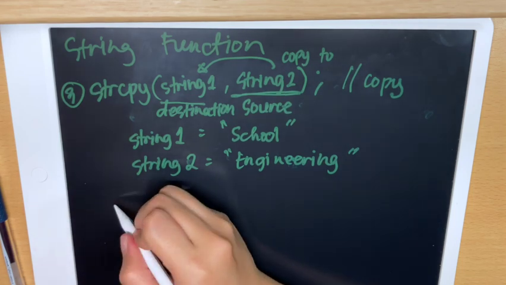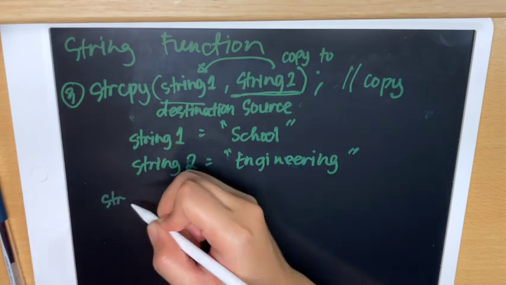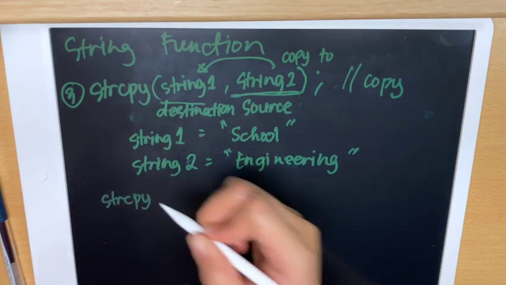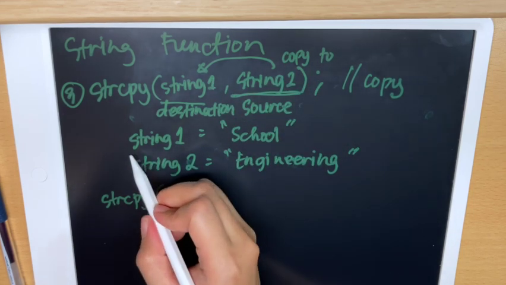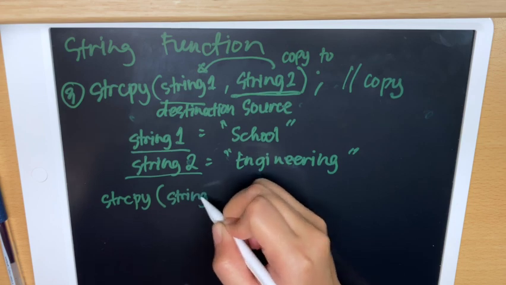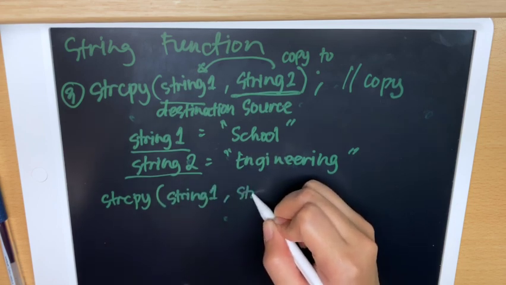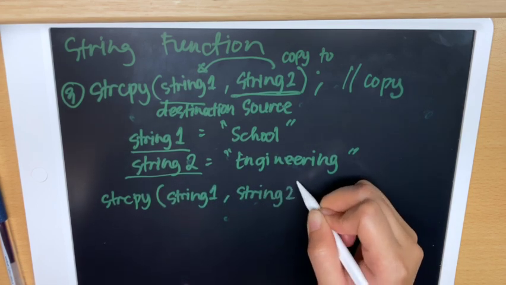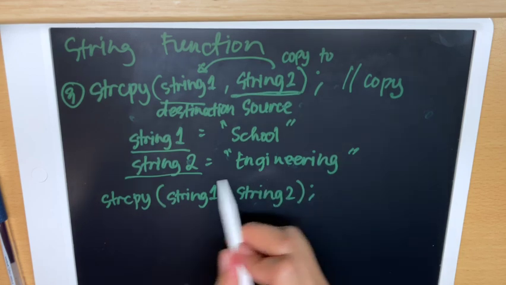If you call the function string copy and you pass the values of string 1 and string 2, what it does is that the value of string 2 will be copied to string 1.